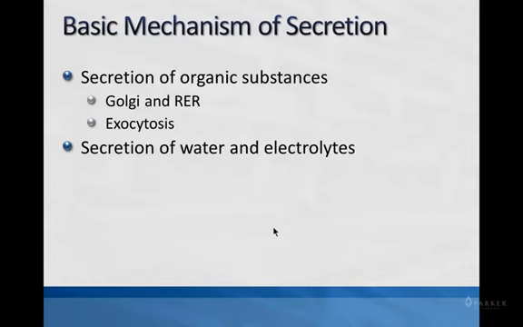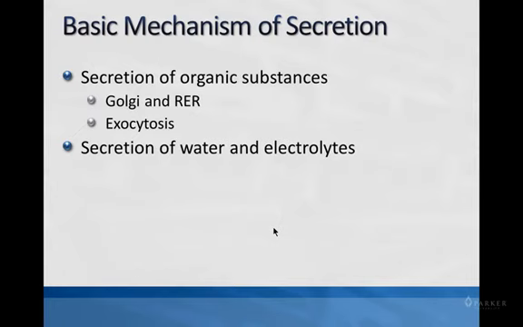On the ribosomes, you're going to increase the formation of these proteins, which will be modified by going through the Golgi and the endoplasmic reticulum, and eventually released by exocytosis into the lumen of the GI tract.